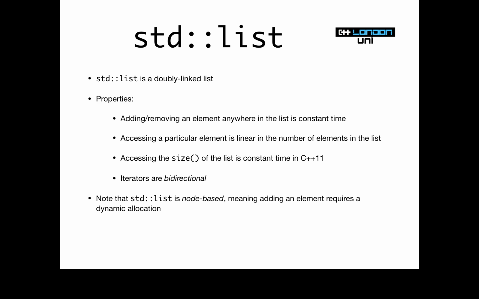I mentioned this already, but standard list is node-based. That means that each and every element requires a separate dynamic allocation, and it means that the memory for the elements is not contiguous. This node will live over here in your computer memory, and that one will live over here, and that one will live over there.